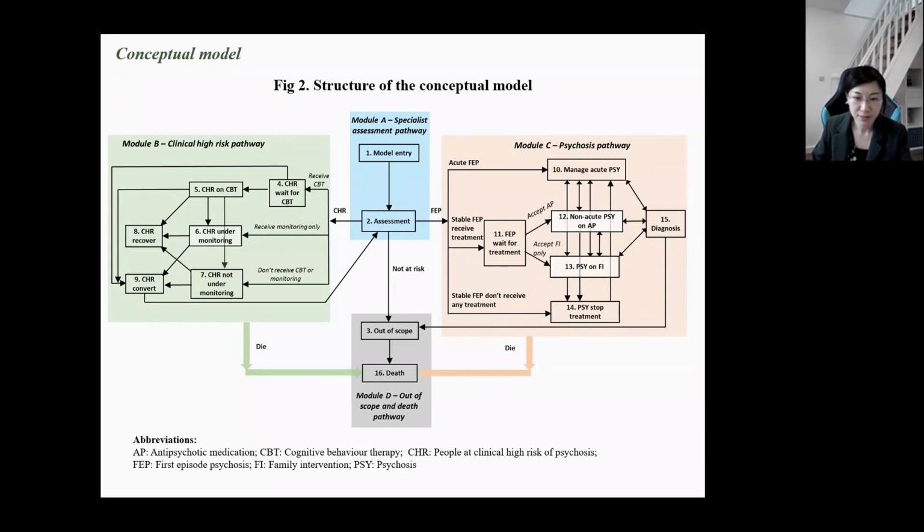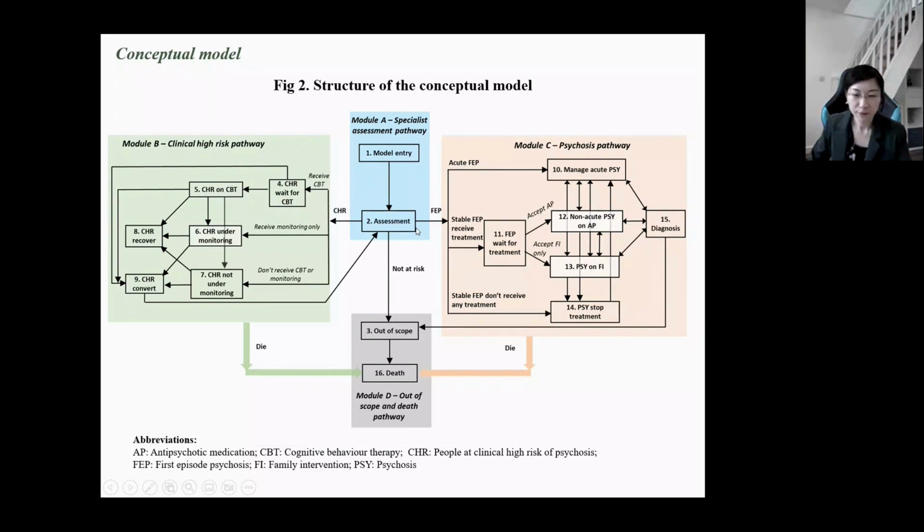Those patients assessed as clinical high risk of psychosis will be moved to Module B, the clinical high risk pathway, where they will receive interventions such as CBT and monitoring.